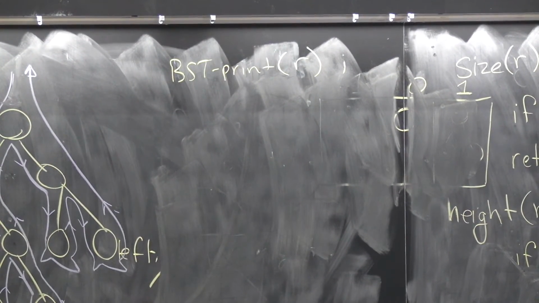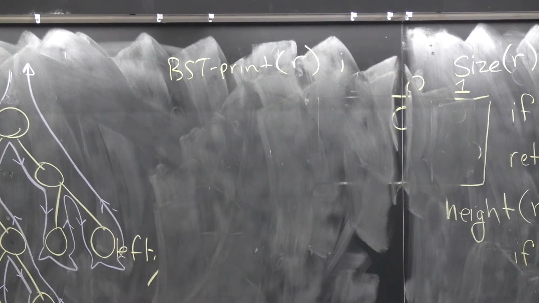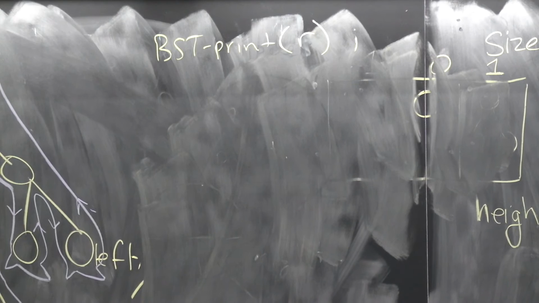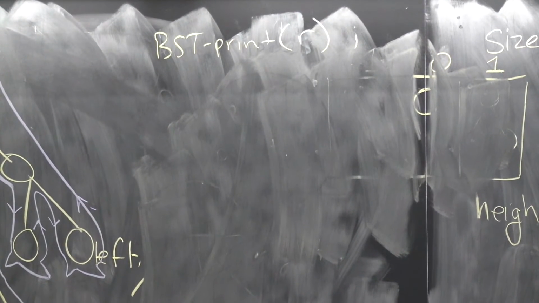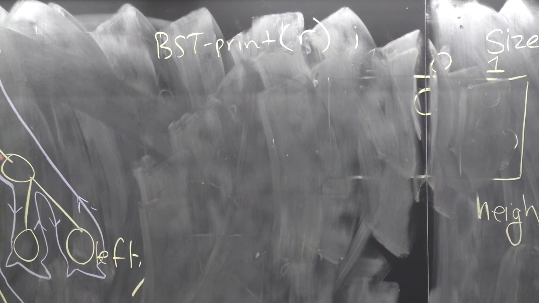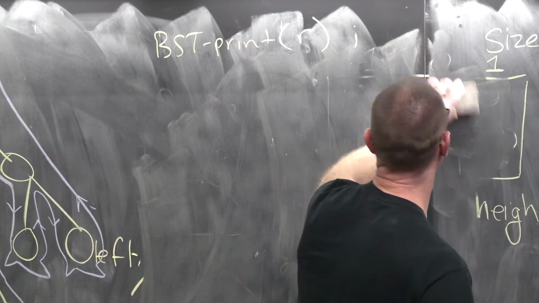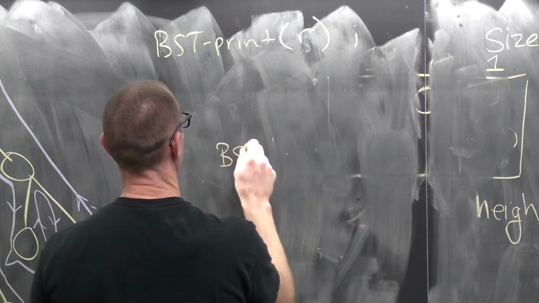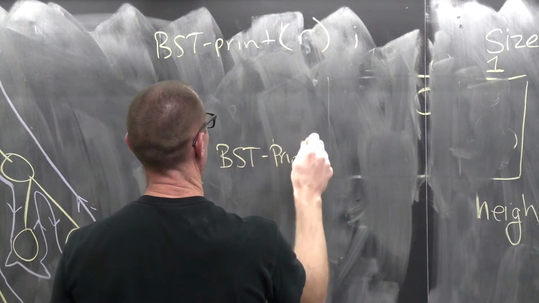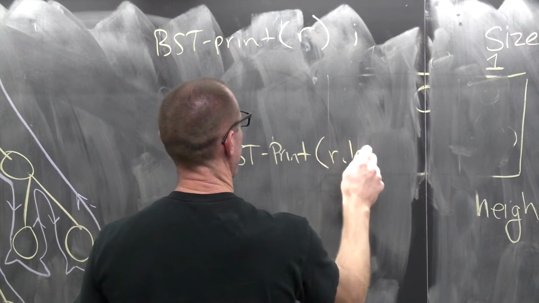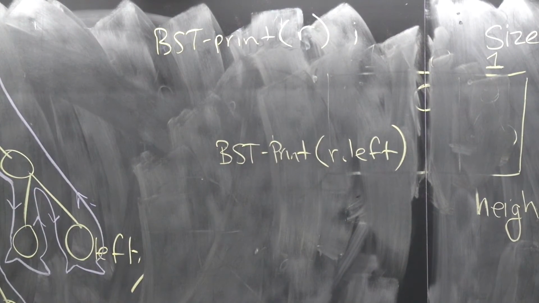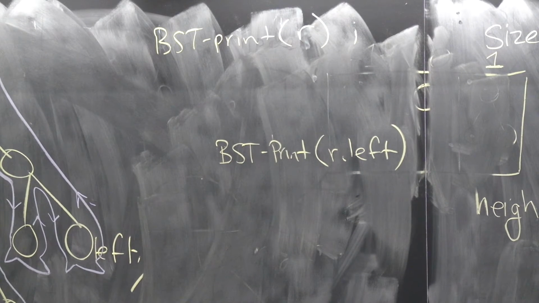So I have a binary search tree rooted at R. I want to print out its values in sorted order. What should I print first? Yeah. The first thing you should do is traverse to the left. So I should print out the values in the left subtree, because they're smaller than all the values in the right subtree. What should I print out next?